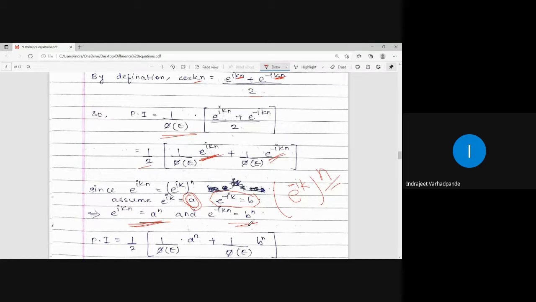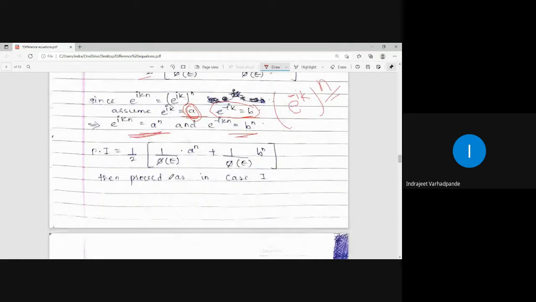That means it is converted to 1 upon phi of e into a to the power n plus 1 upon phi of e into b to the power n. Proceed as in case 1. Replace e by a, replace e by b. a means e to the power ik, b means e to the power minus ik.